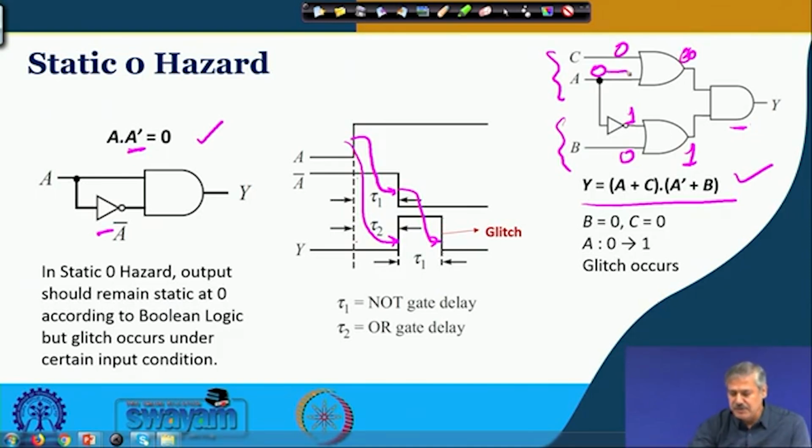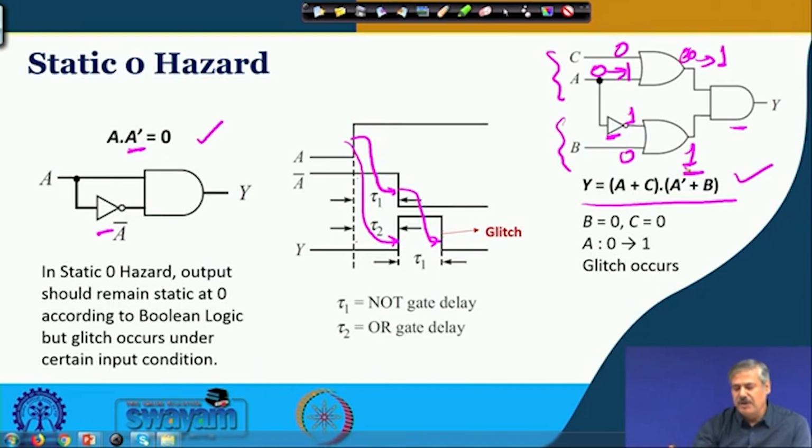Now, A goes from 0 to 1. So, this OR gate output, after the propagation delay, goes to 1, but this one, till this NOT gate output changes, will remain at 1. This output 1 goes to 0 after this propagation delay and this propagation delay.